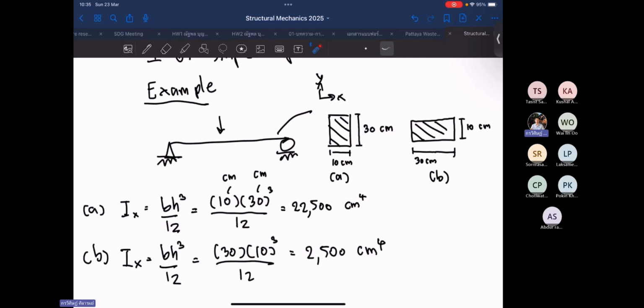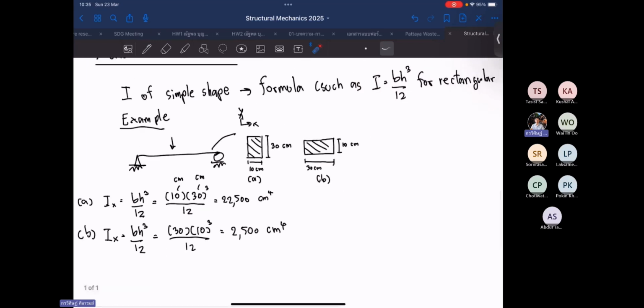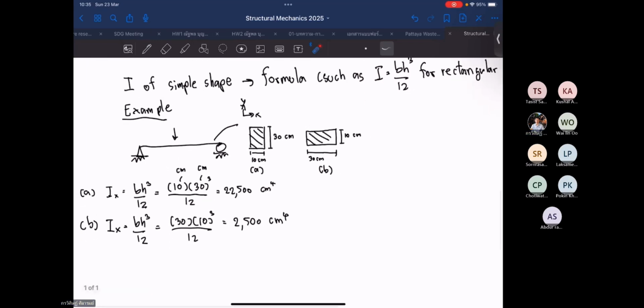But if you would like to withstand the load from the x direction, pointing into the paper or outward from the paper, this beam section will be more appropriate, depending on the direction of the load.